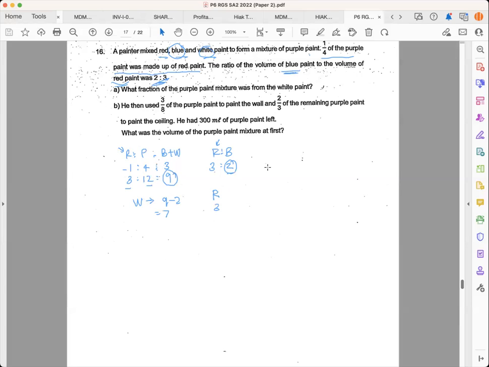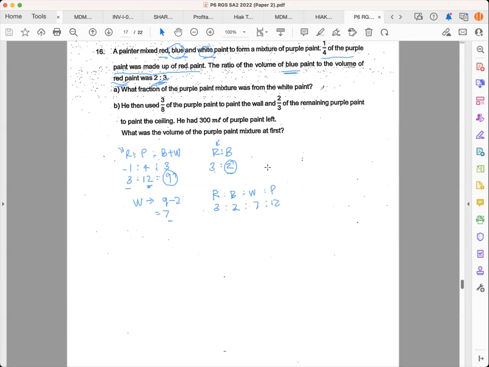Red, blue and white, and everything adds up to become purple. So blue is 2, white is 7, purple is 12 over here.